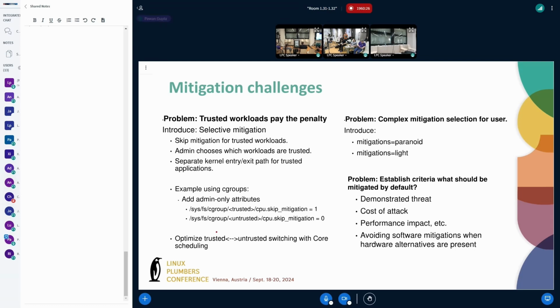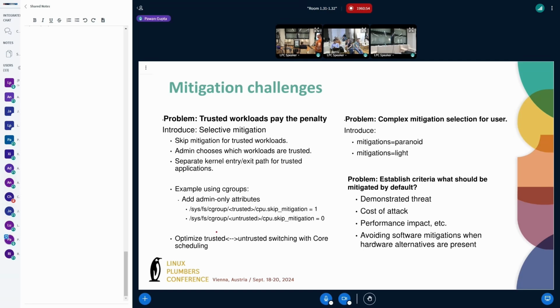So we are already separating the untrusted applications to separate cores, and we're doing the mitigations for them. The trusted applications can run on separate cores, and they have the benefit that there is no untrusted process running on the same core at the same time.